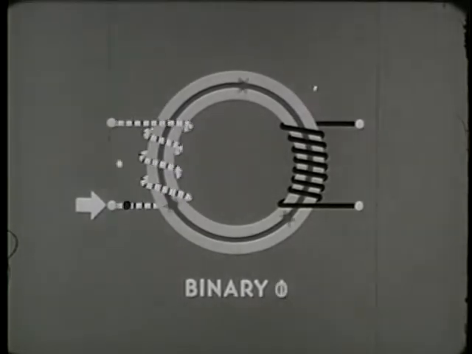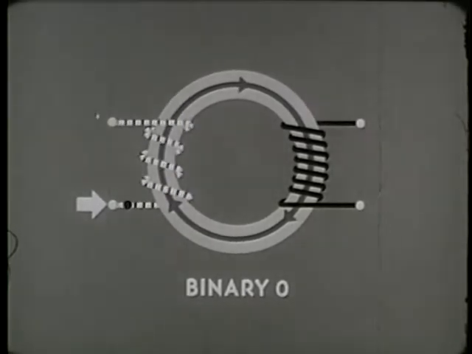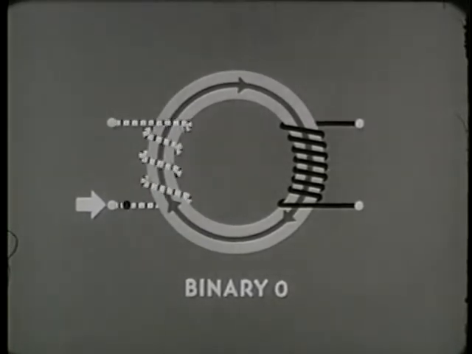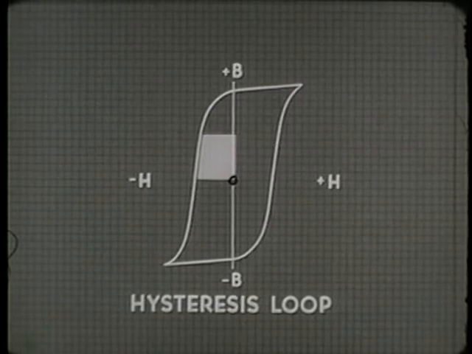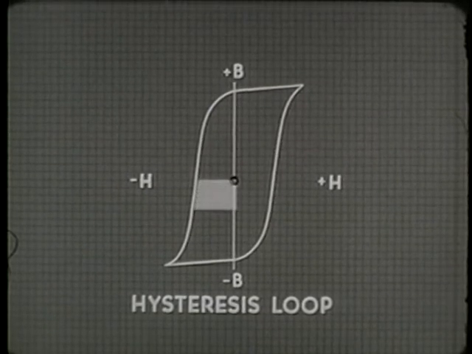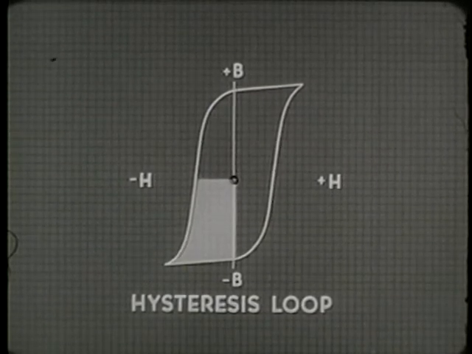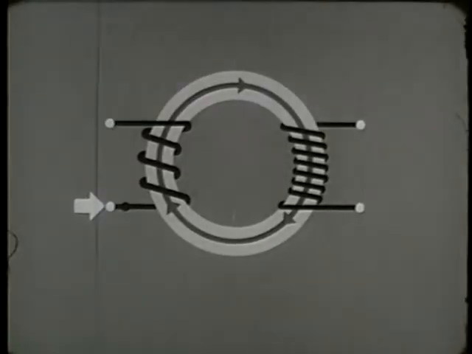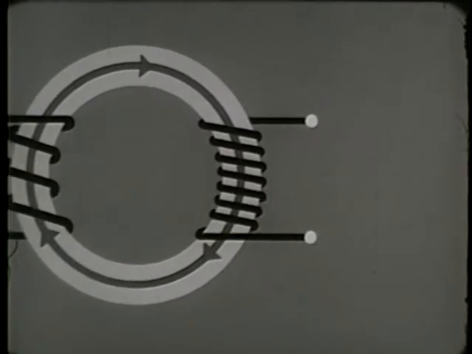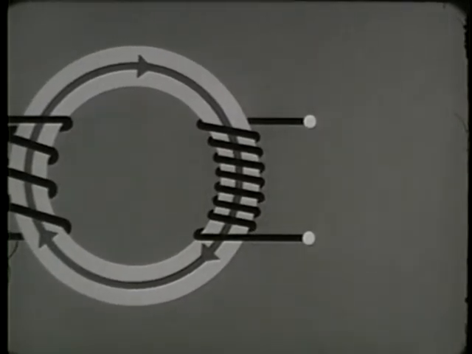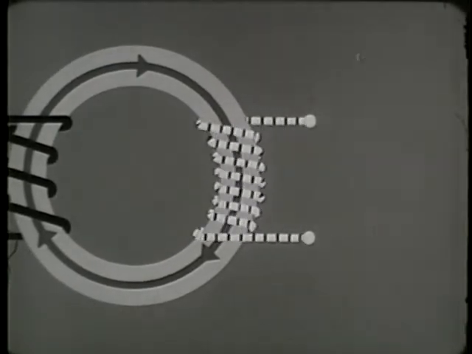Dot current switches the core to binary 0, reversing the direction of the magnetic lines of force. If we diagrammed it, we'd see the positive residual field collapse entirely and a negative field build up to saturation. Anytime a magnetic field builds up or collapses across a conductor like this winding, the movement of the lines of force induces a voltage in the winding, and current flows.